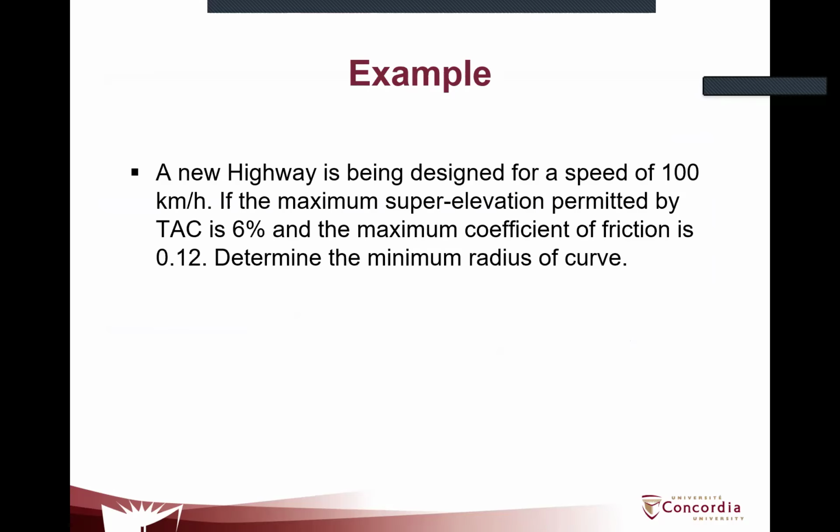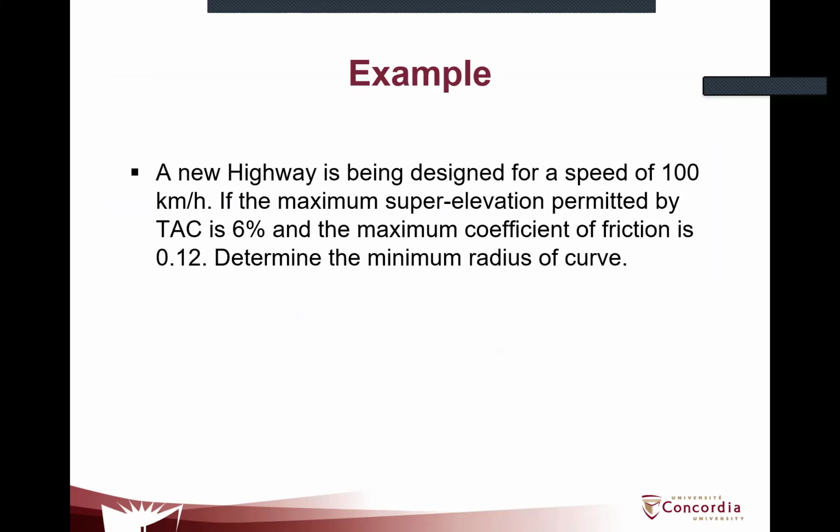So let's look at an example, which is also from the previous textbook. You have a highway for a speed of 100 kilometers per hour, and the maximum permitted super elevation for any reason is 6%, and the coefficient of friction that we're assuming you will have is 0.12.